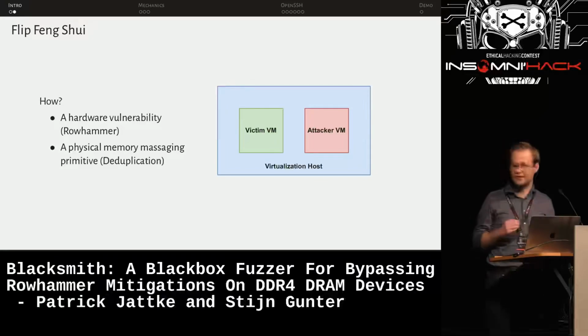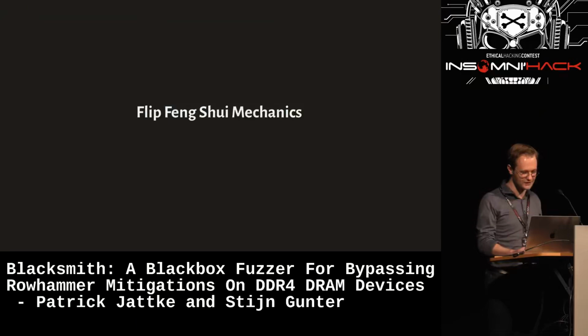And memory deduplication, as we'll see in a minute, is a technique that we can employ to get our victim VM page backed by physical memory of our choosing, to a reasonable extent.